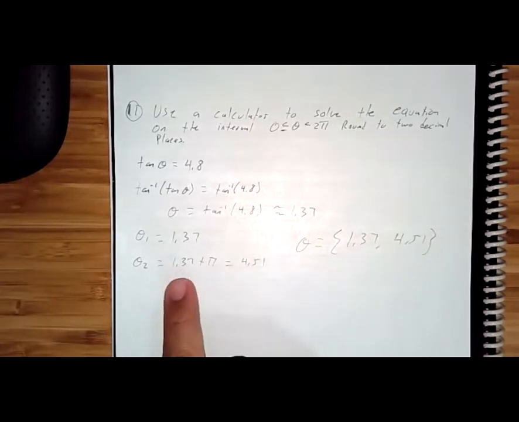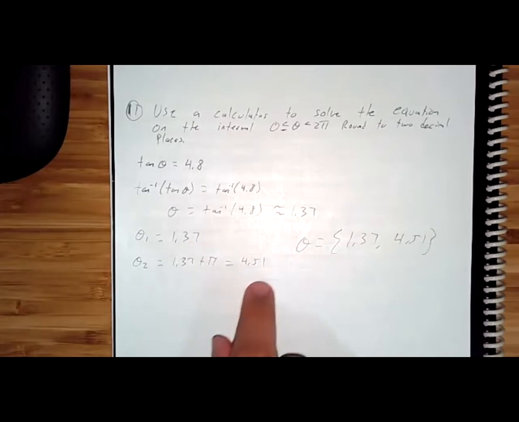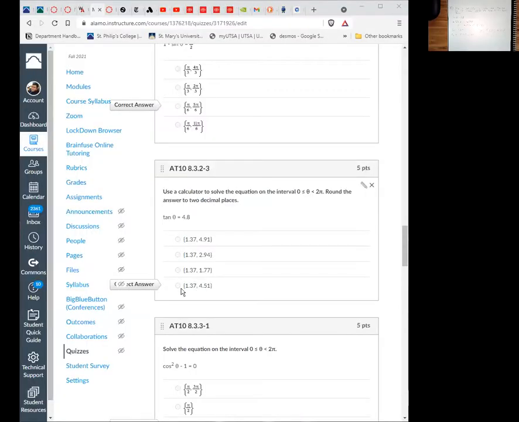And when you're doing a tangent, you add pi to get the other one. So that's how they got this here. So notice how all of them have 1.37 because that's what the calculator gives you. So you need to make sure which one is this, right? By adding pi.